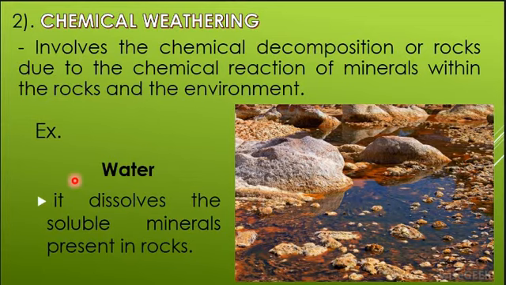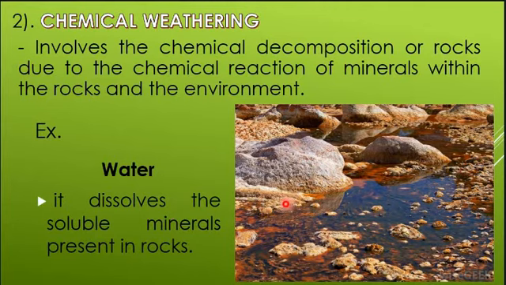So we have nga here the first example or first factor, no? We have water, and water is definitely nature's versatile tool that can bring about chemical weathering. So there are other chemical compounds in water that become the main agents of chemical weathering.